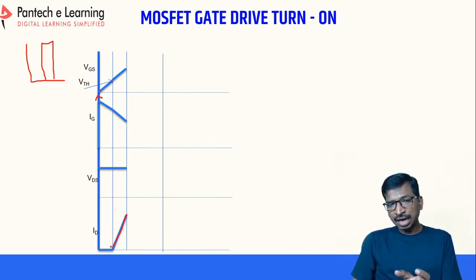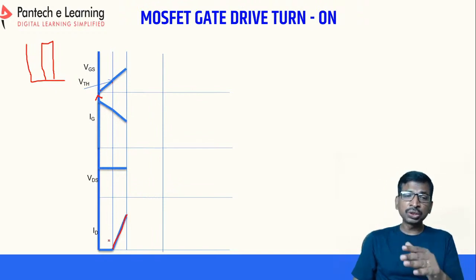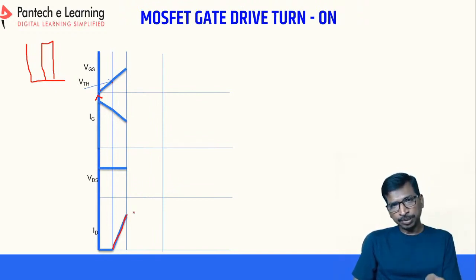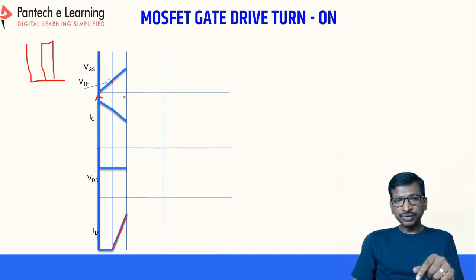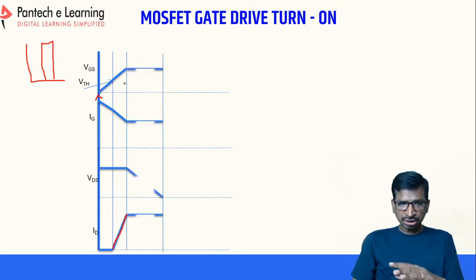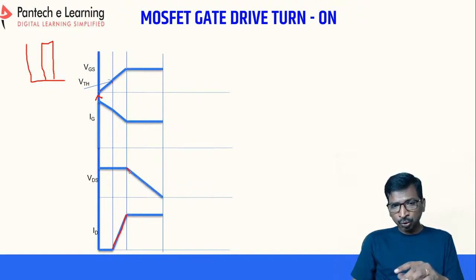Ultimately we have to ensure the drain current gets high, because we are turning on the switch. Still, the drain to source voltage will not reach 0 until the capacitor voltage is fully charged, and only after that will the drain to source voltage approach 0 and the drain current increase to maximum.